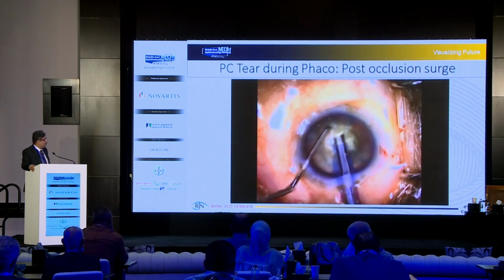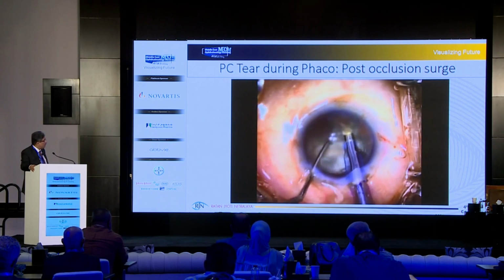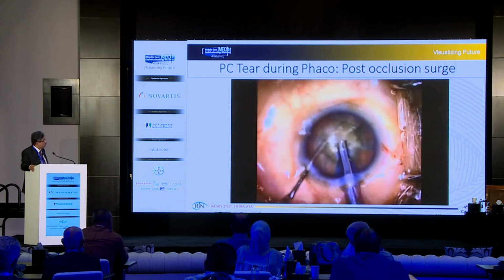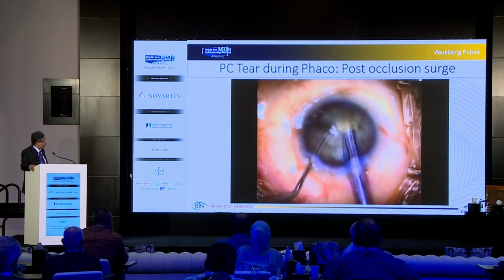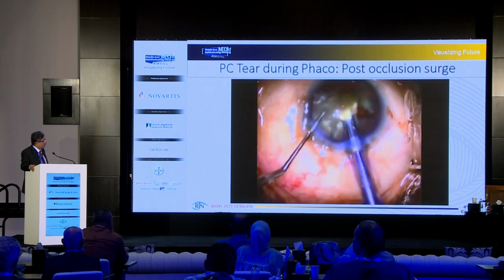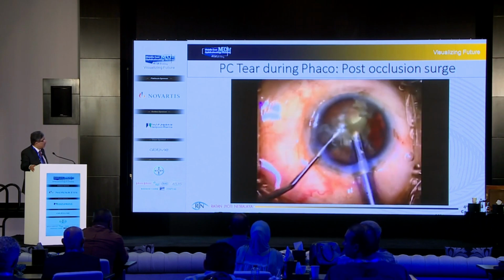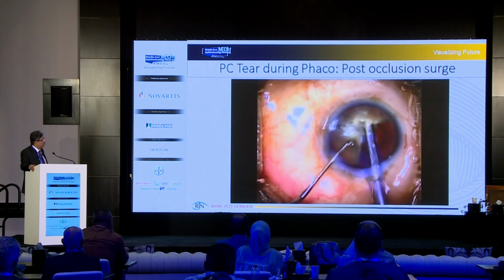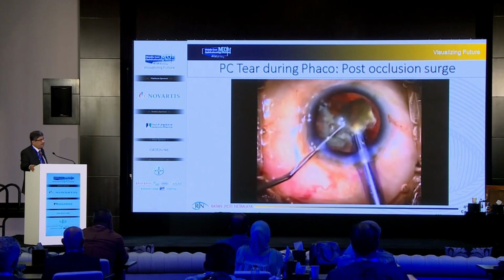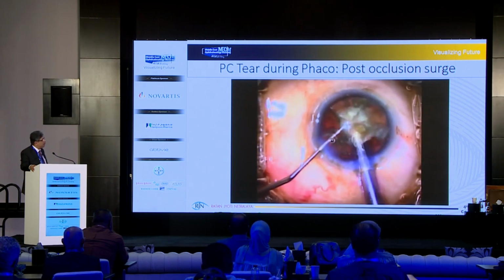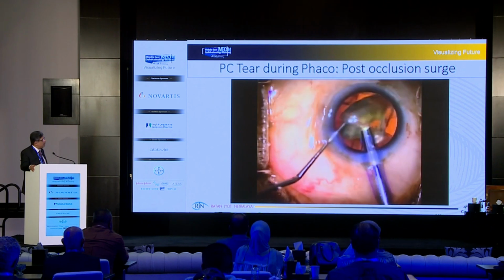Now, this is my first case, and we are doing phacoemulsification. This is a fairly hard cataract. I'm doing a direct chop here, and most of the time you face the PC rent when you are sculpting or removing the last quadrant.